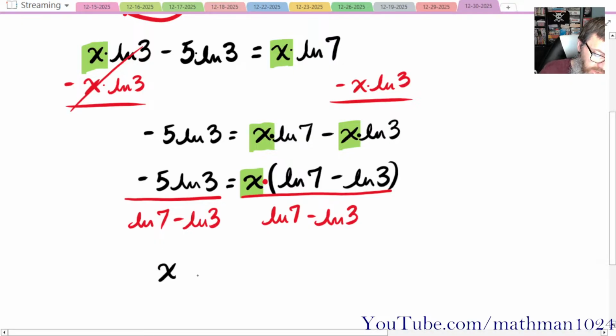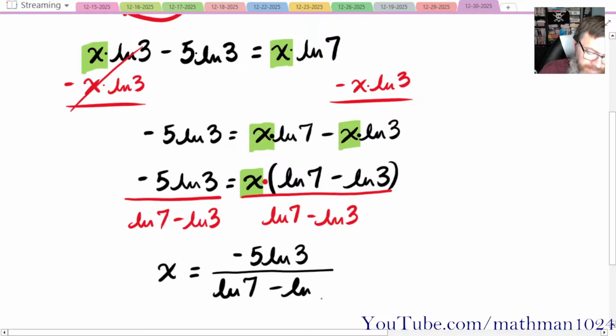So your final exact answer has negative 5 natural log of 3 in the numerator over the natural log of 7 minus natural log of 3. And as I mentioned before, this is exact. We haven't done any kind of rounding. We haven't lost any information. This is an exact answer.